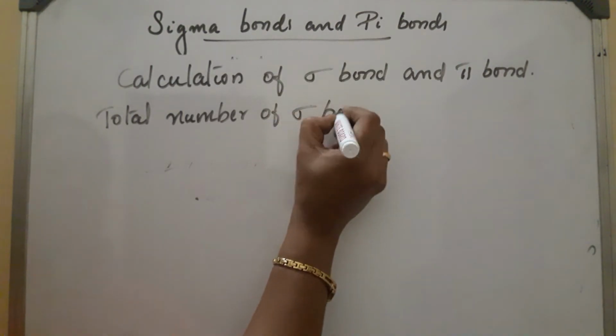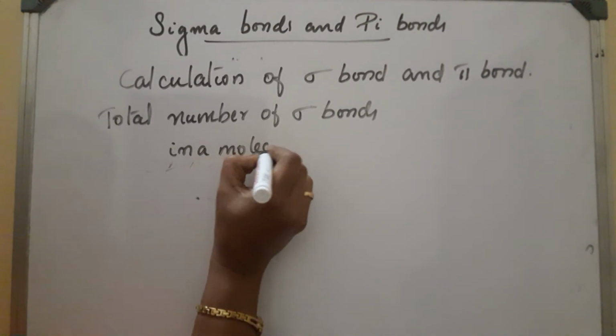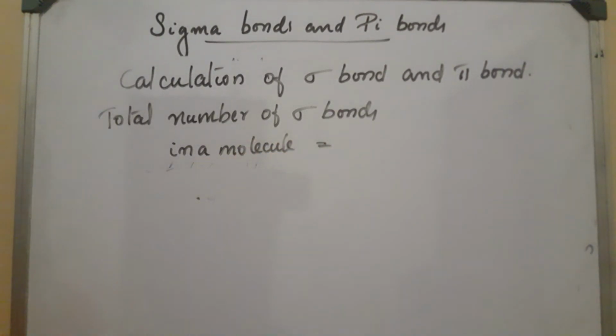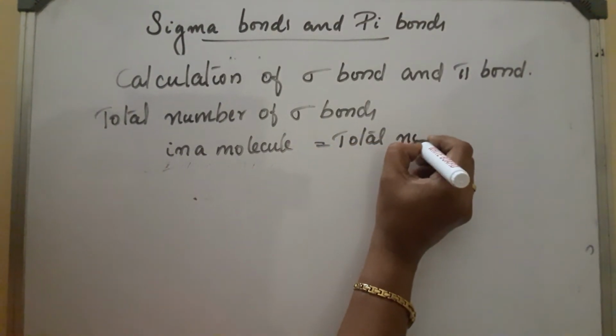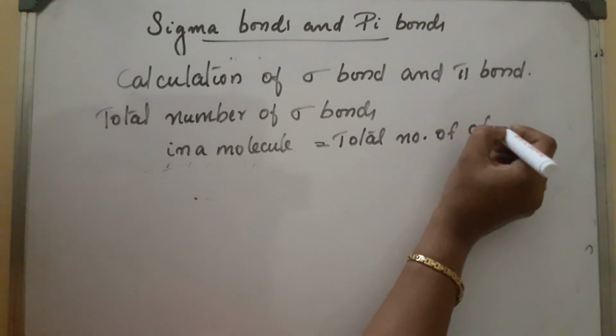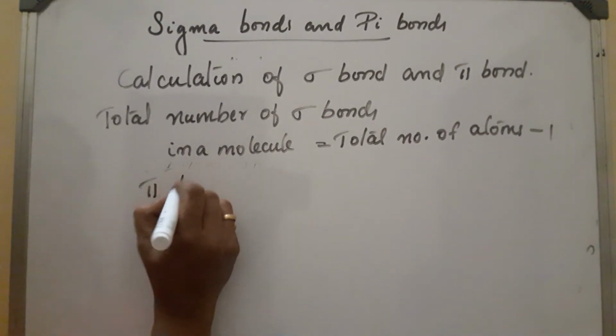Total number of sigma bonds in a molecule will be equal to the total number of atoms present in the molecule minus 1. This will be the formula, the easy trick to find the number of sigma bonds. Total number of sigma bonds in a molecule will be equal to the total number of atoms present in the molecule minus 1.